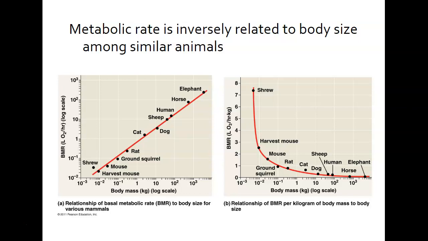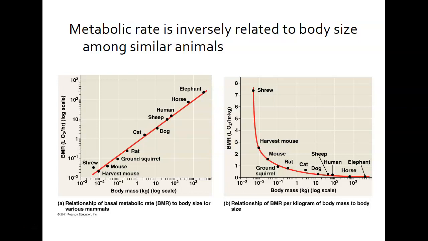So the one on the left is just showing you kind of the body mass of an organism and its overall metabolism. In this case, basic metabolic rate. But then when you put it on a log scale on the right, it really highlights that point.